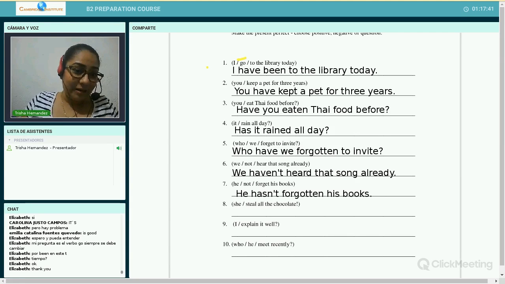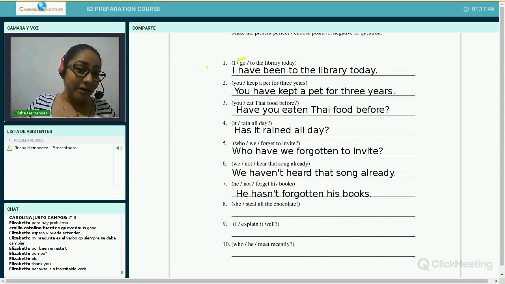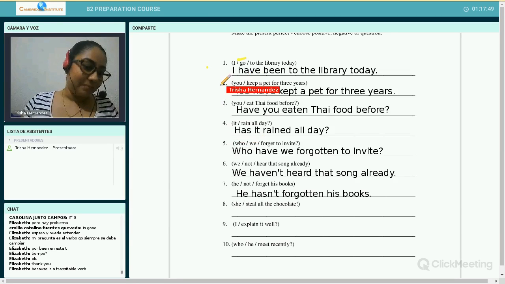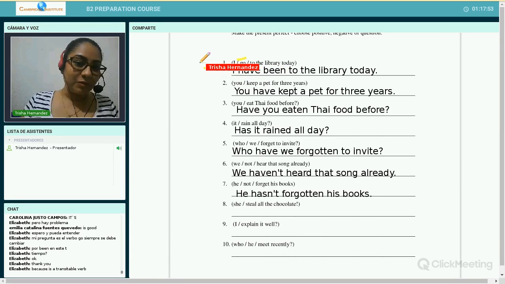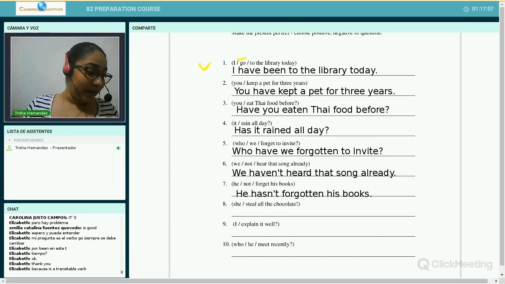Porque si tú sigues en la library, si tú estás en la library, pues instead of using the present perfect utilizas el present. Yes, Elizabeth, porque estamos utilizando el present perfect, no el simple present. El simple present, de hecho, lo vimos en la clase anterior. Okay.